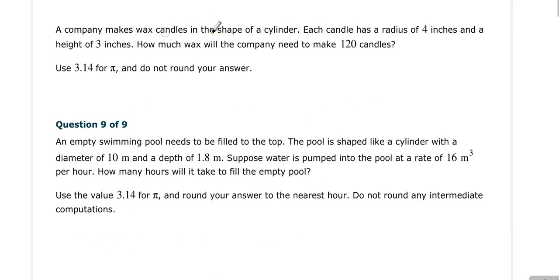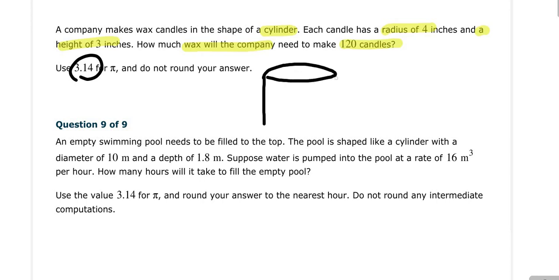A company makes wax candles in the shape of a cylinder. Each candle has a radius of 4 inches and a height of 3 inches. How much wax will the company need to make 120 candles? Use 3.14 for pi. So we're going to draw the candles. They are cylinders.